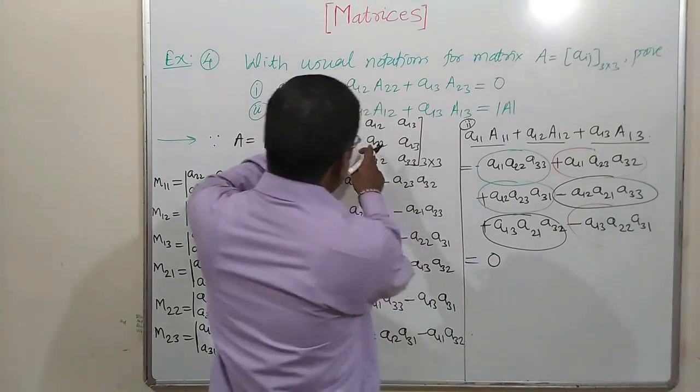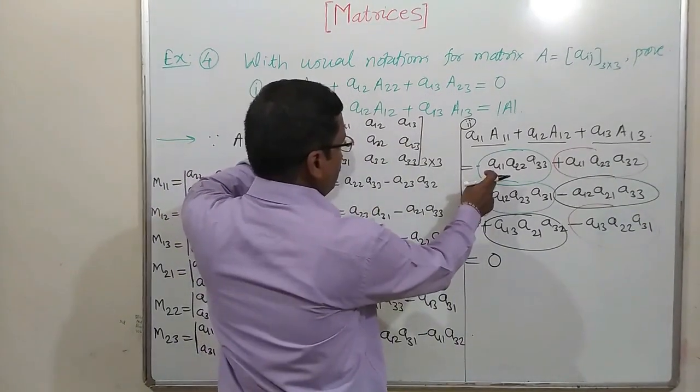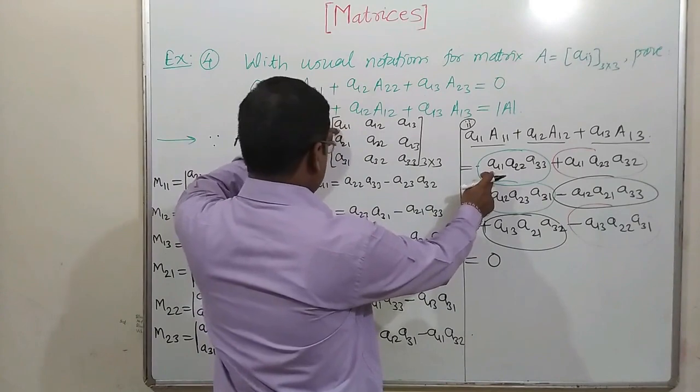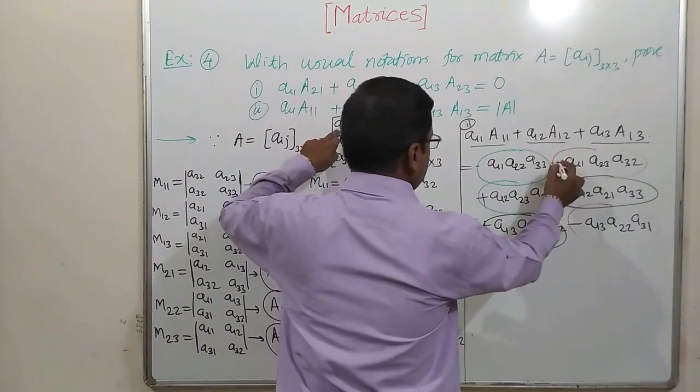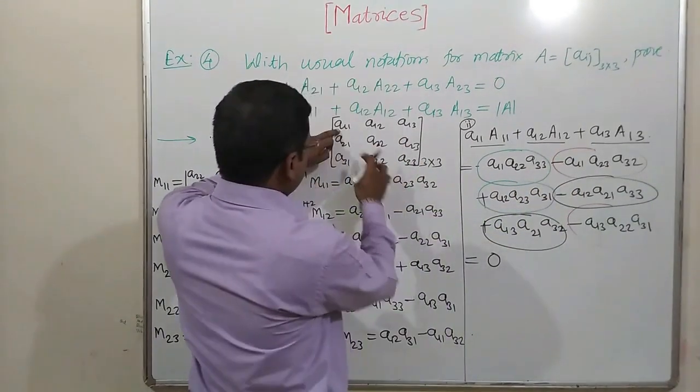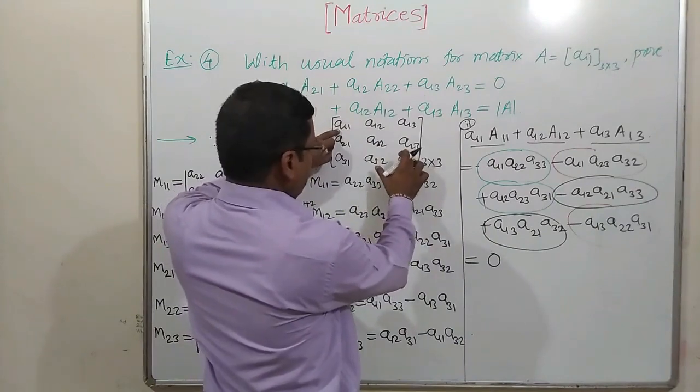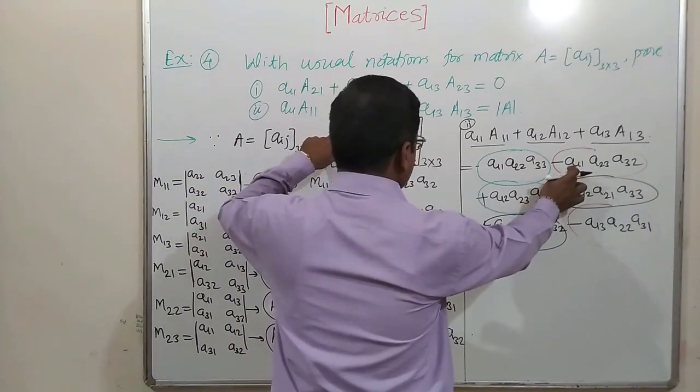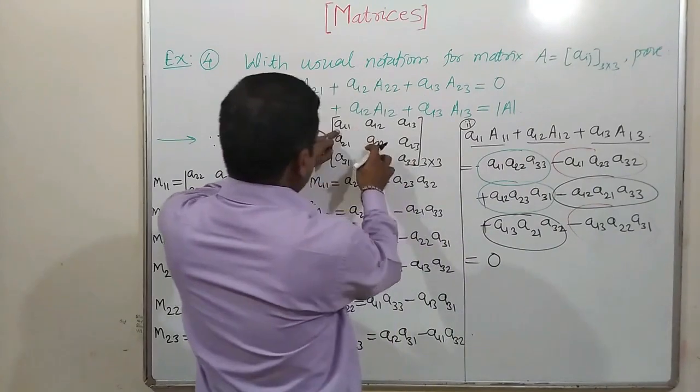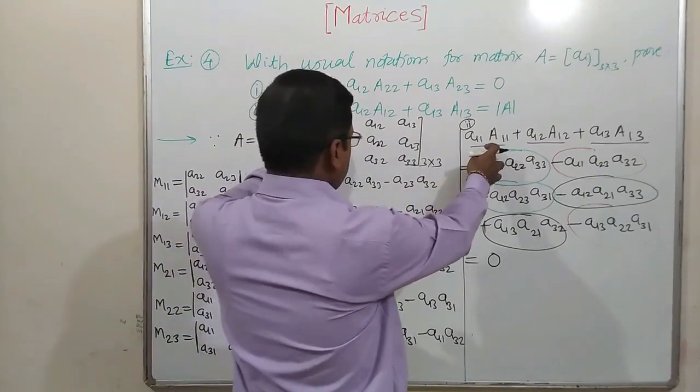And so a11 into a22, a33, there is a minus sign, minus a11, a23, a32, that is this. So this is the first multiplication.